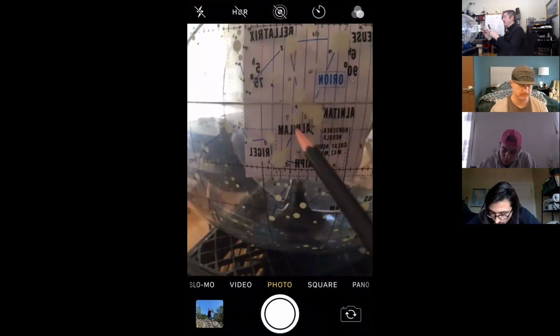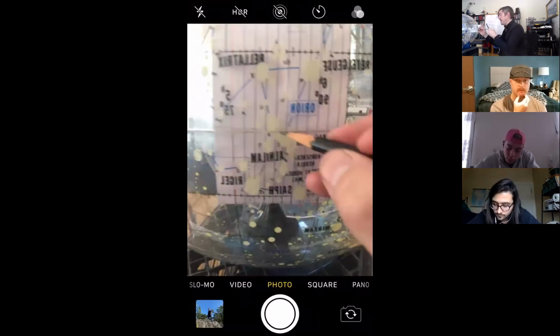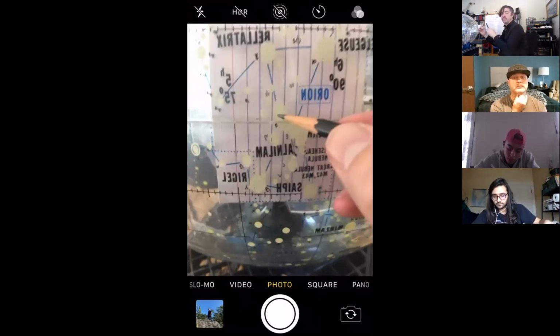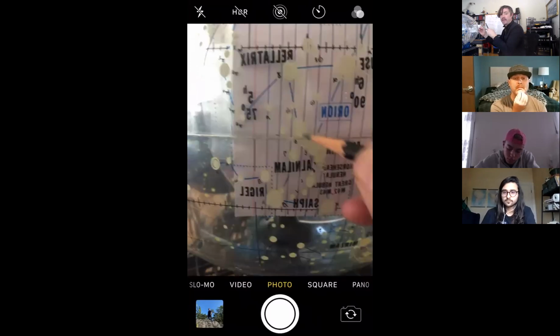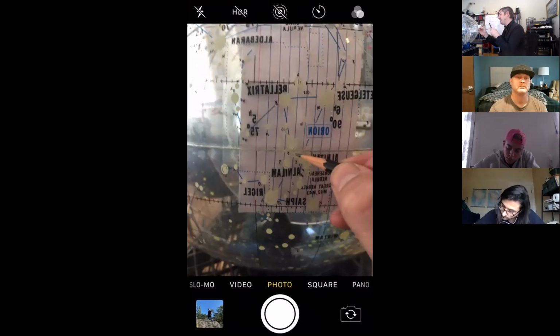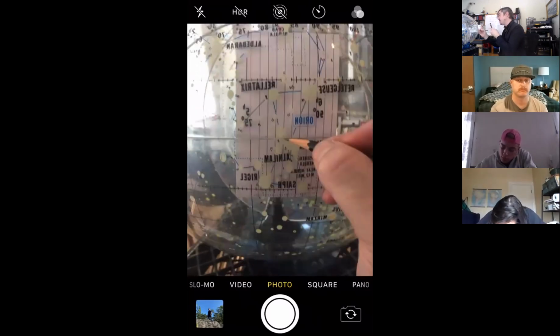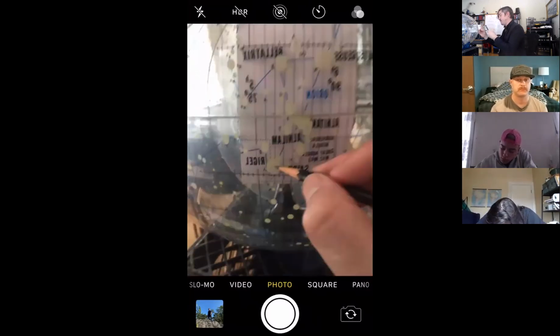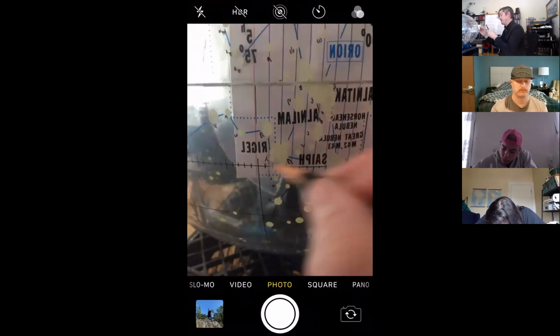Notice that Orion lies right on the celestial equator. That's a pretty good rule of thumb, guys, for learning your sky. Everyone knows the belt of Orion? The belt of Orion is right in the middle of the celestial equator. So keep that in mind when you're out looking at the stars. This star is the lower foot. It's called Rigel.